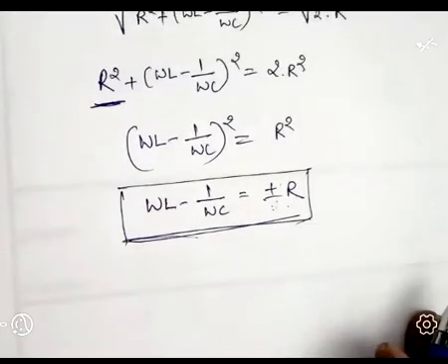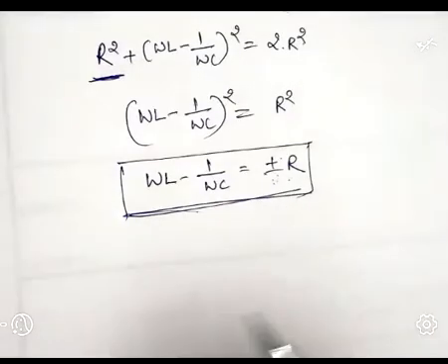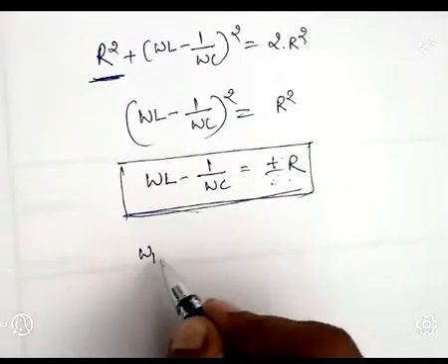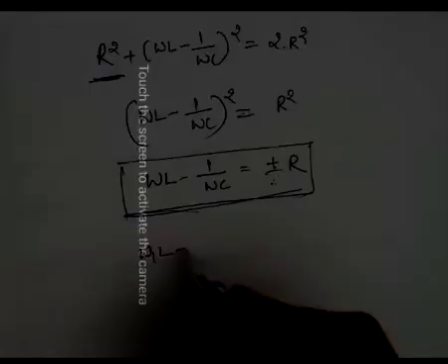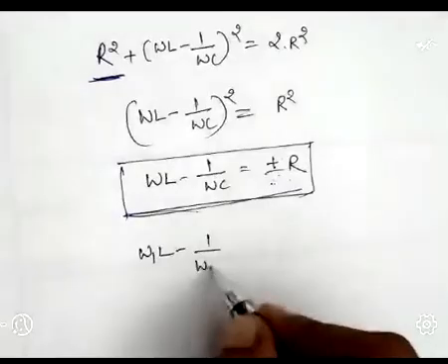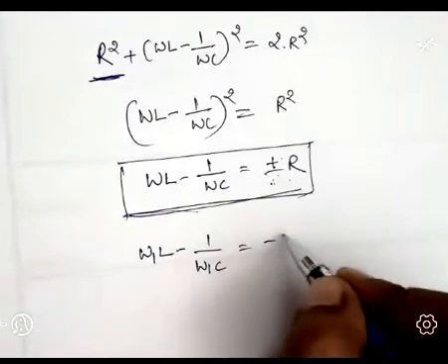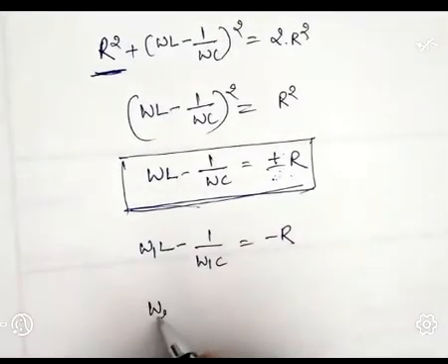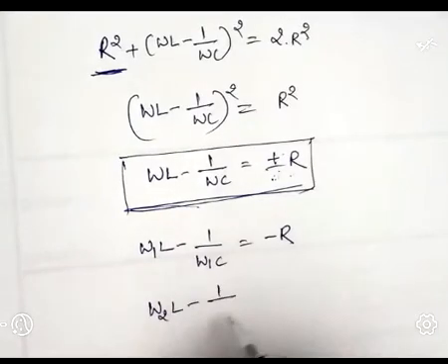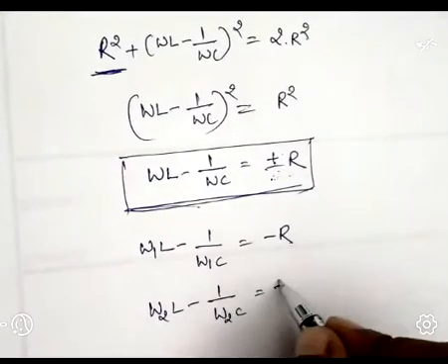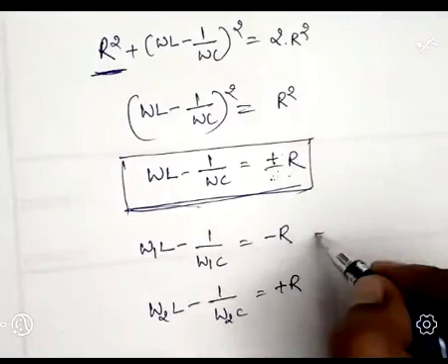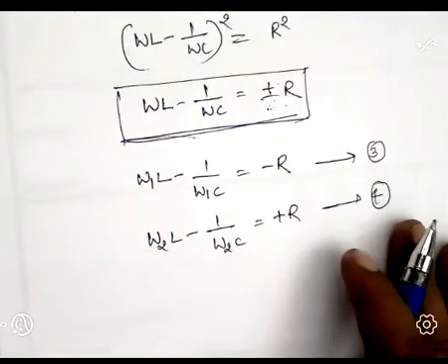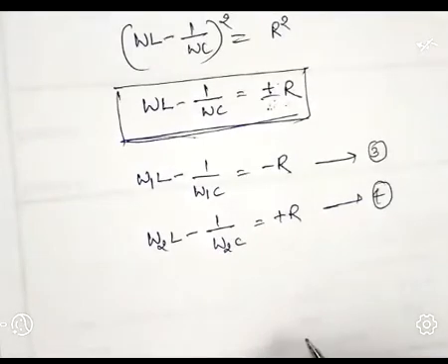So from the above equation we can write, I will split the terms, plus and minus is there, so I will take two values: omega 1 L minus 1 divided by omega 1 C is equal to minus R, and omega 2 L minus 1 by omega 2 C equal to plus R. Let us call these equation 3 and equation 4. First I will add these two equations.